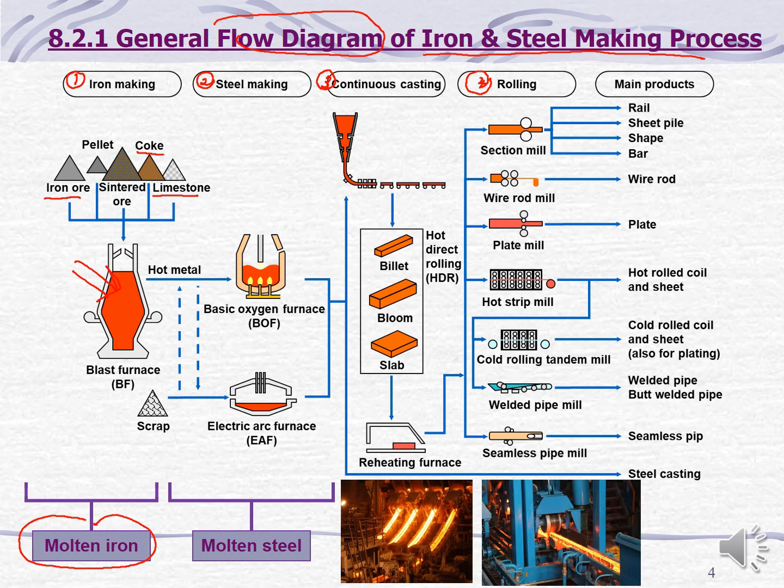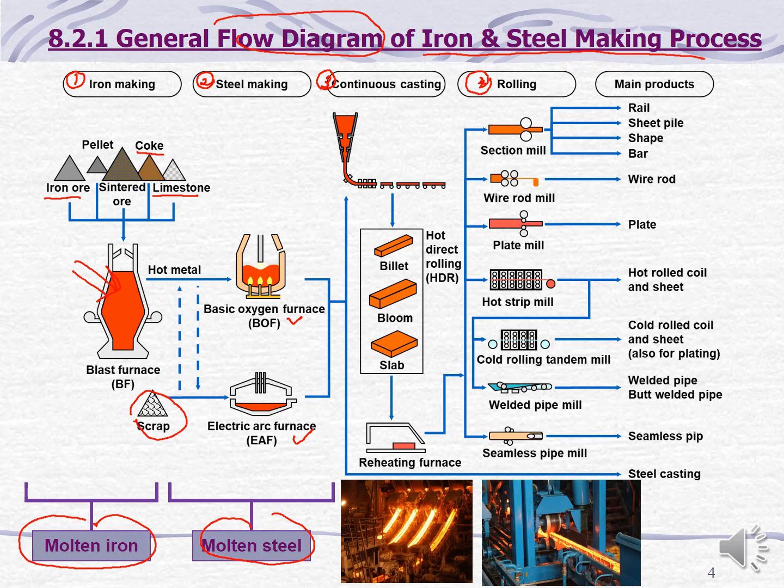Next, this molten iron will be mixed with metal scrap in the basic oxygen furnace or electric arc furnace. From this process, it will produce a molten steel.